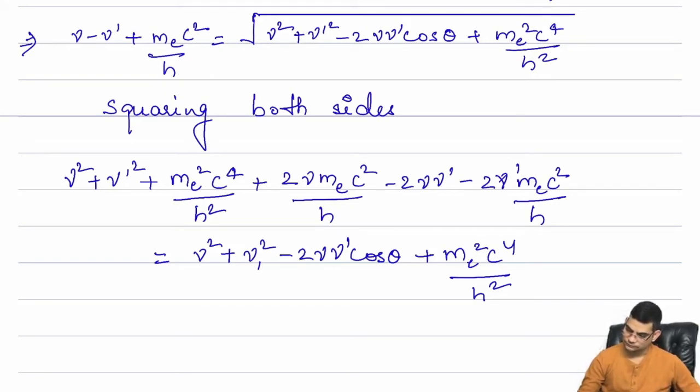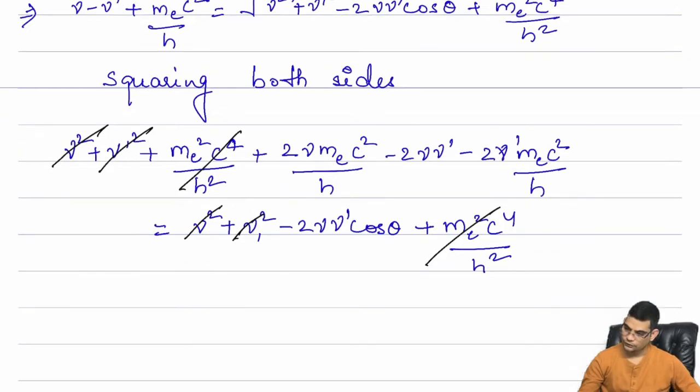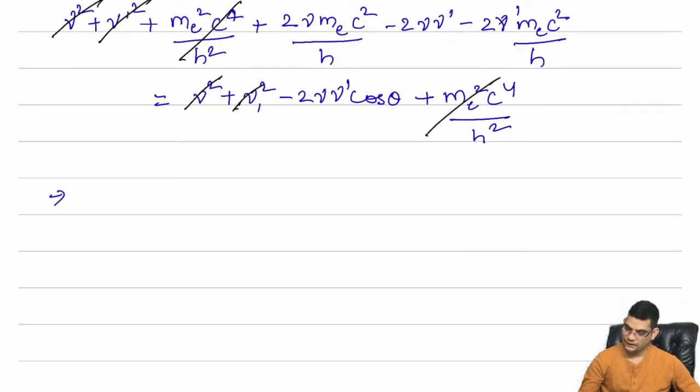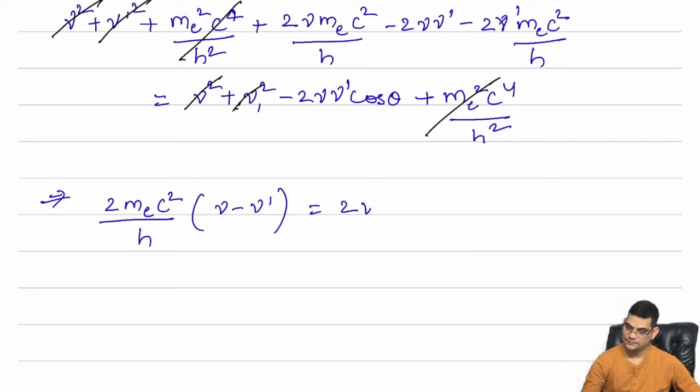Now this term gets cancelled with this term, this term gets cancelled with this term, and this term gets cancelled with this term. So we are left with 2 me c square by h times nu minus nu dash is equal to 2 nu nu dash times 1 minus cos theta.